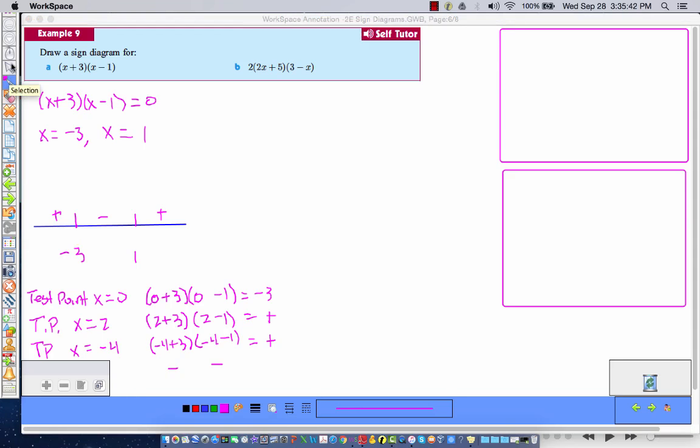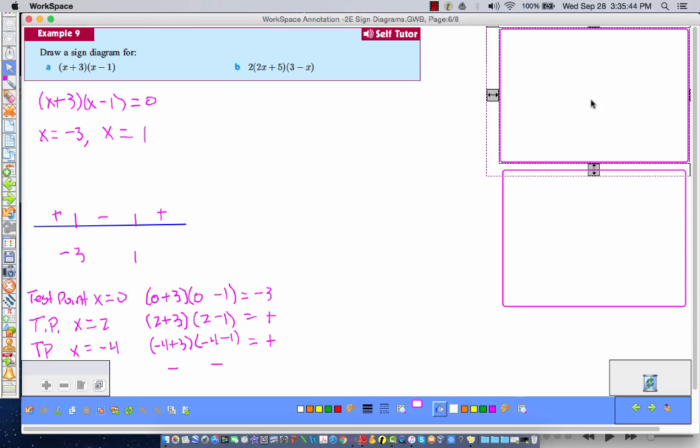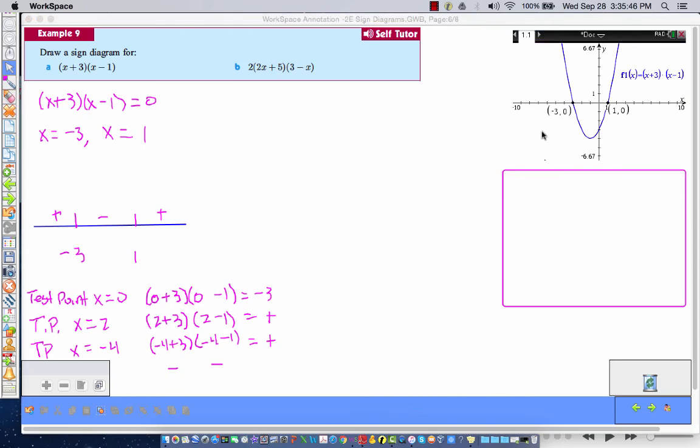And just to hammer this home, I went ahead and graphed these functions. If you look, I have x plus 3 times x minus 1 right here, just like it is here. And notice that to the left of -3, well, here are my zeros. We got them to be -3 and 1. That corresponds to here and here.